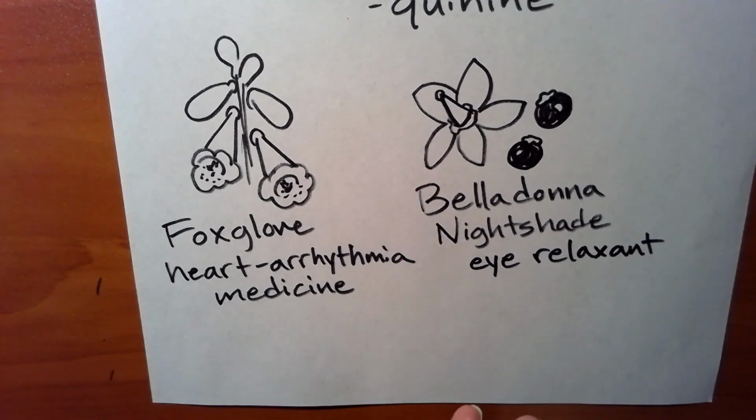A small component of this will actually, if you go in for an eye exam and they put those drops in your eyes, they're using a part of belladonna to relax all the muscles around your pupil to let it dilate, so they can shine a light into your eye and check on your retina at the back of your eyeball, pretty much.